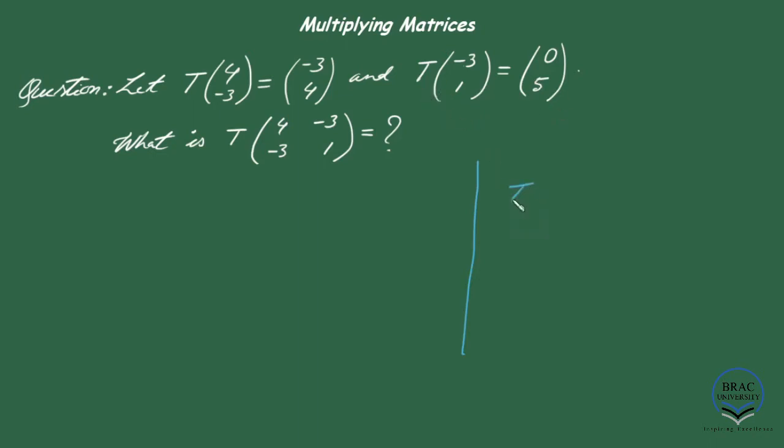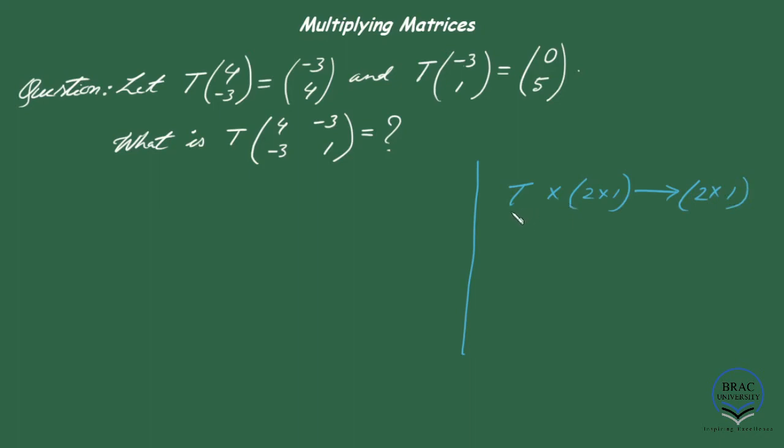T is getting multiplied with a column vector which has order 2 by 1, because it has 2 rows and 1 column. And that produces another column vector with 2 rows and 1 column, so the order for that would also be 2 by 1.